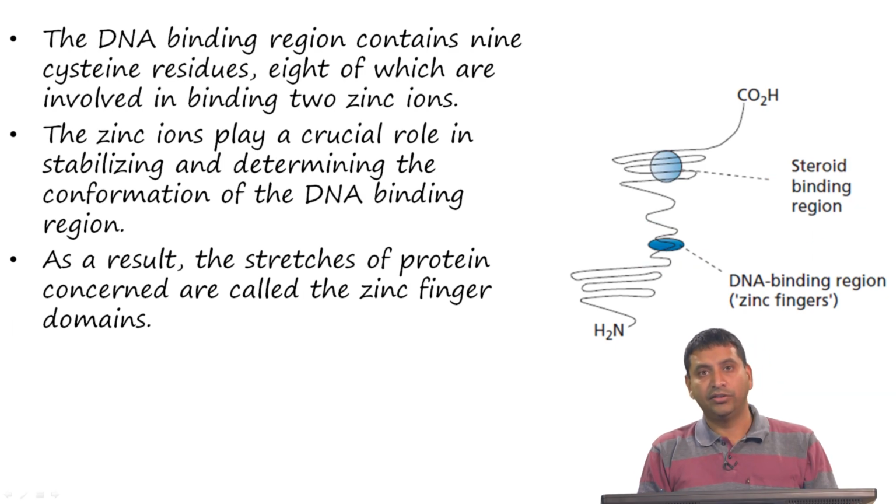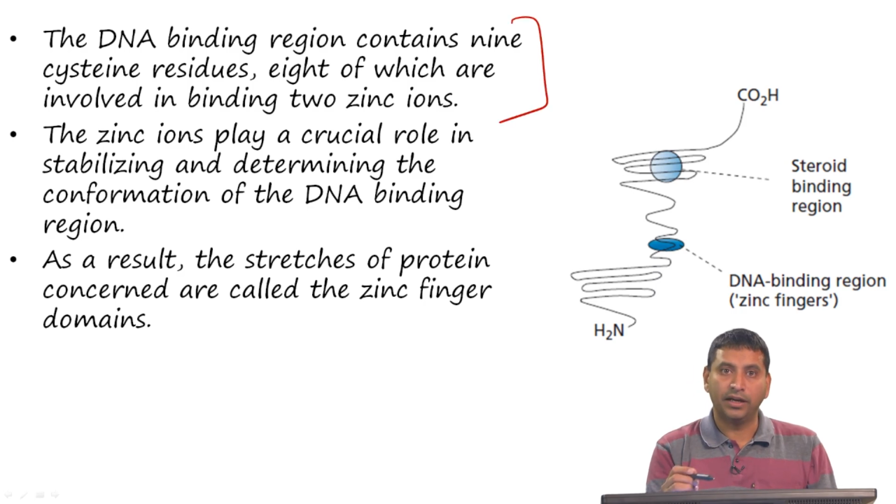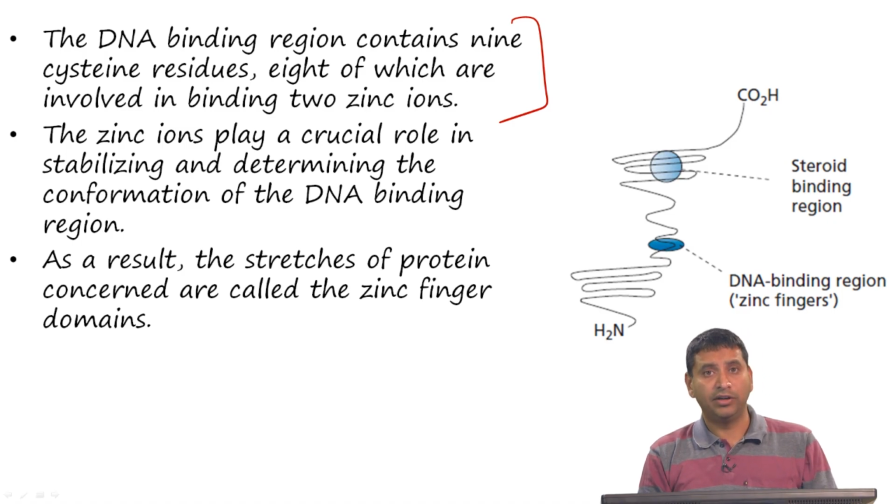The DNA binding region contains 9 cysteine residues, 8 of which are involved in binding 2 zinc ions. The zinc ions play a very crucial role in stabilizing and determining the conformation of the DNA binding region. As a result, the stretches of protein concerned are called the zinc finger domains.